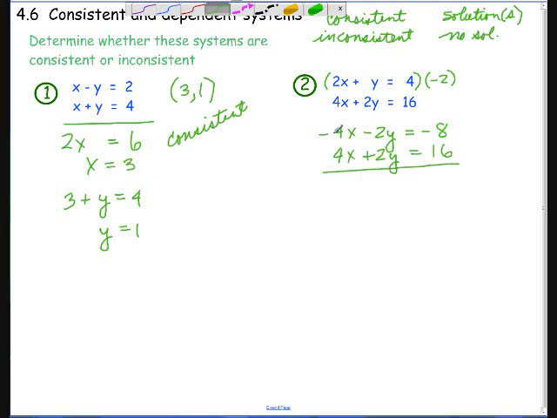Add those together. Oh! This is going to 0 and this is 0. We're going to get 0 plus 0, which is 0, equals 8. Since when does 0 equal 8? Not. This is an example of an inconsistent system. This tells us that there are no solutions here.